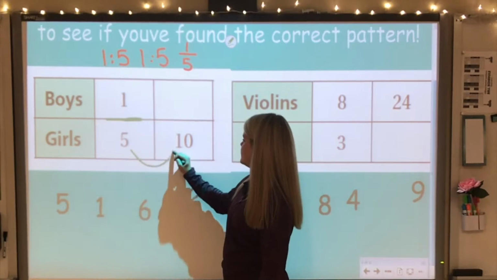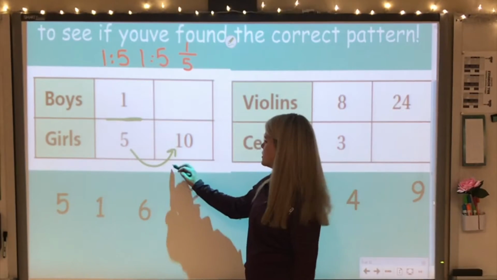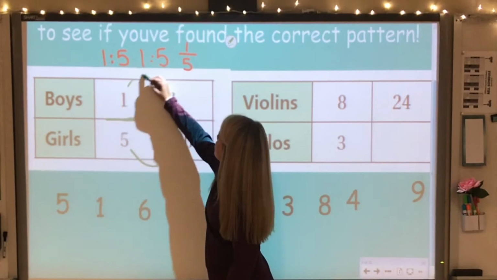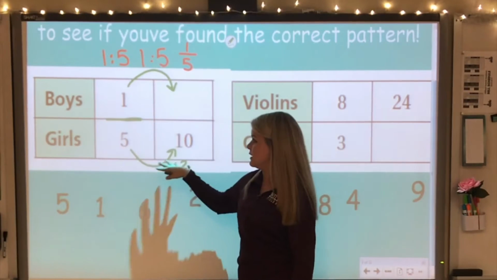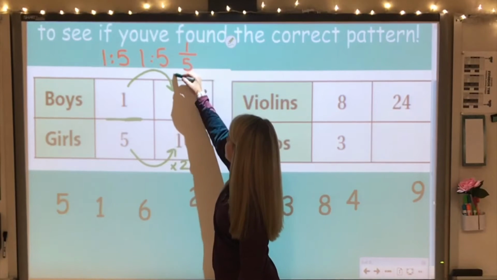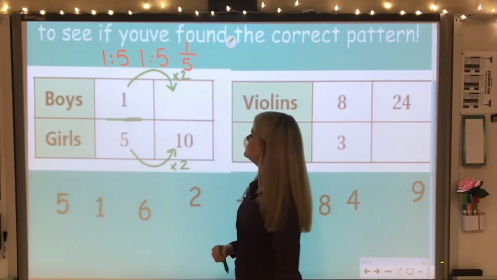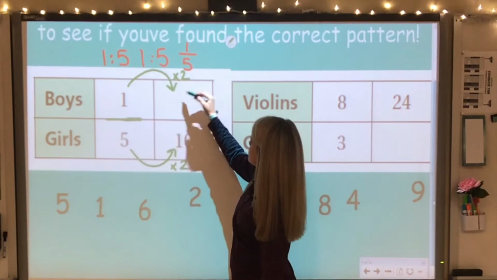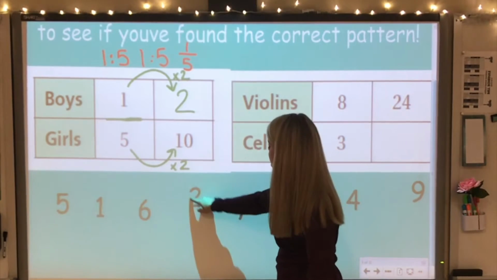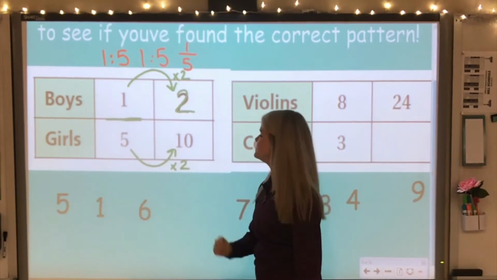So to get from 5 to 10, all we are doing is multiplying by 2. Because we did that to our denominator, or in our bottom section of our table, we need to do that also in our numerator, times 2. And 1 times 2 is 2. So we can drag our response of 2 into our box.